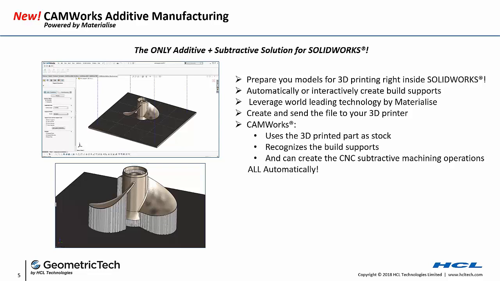And then using CAMWorks, if you have a metal 3D printer, you can then use that 3D printed part for subtractive machining. So CAMWorks will automatically use the 3D printed part as stock. It recognizes the build supports and can automatically create the subtractive machining operations, not only to remove the build supports, but to machine the part complete.